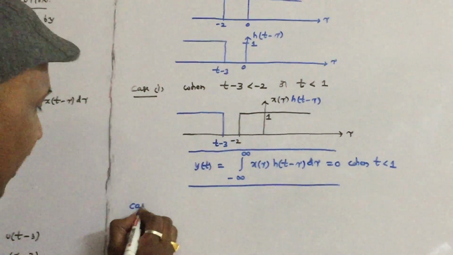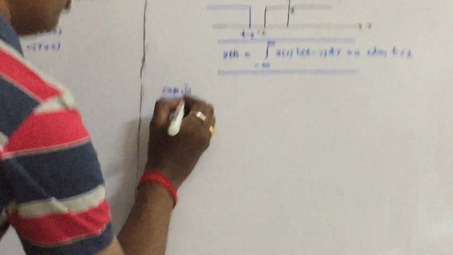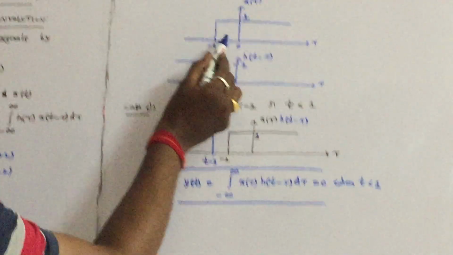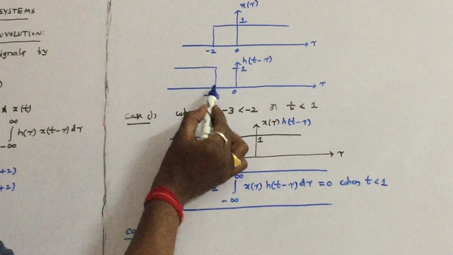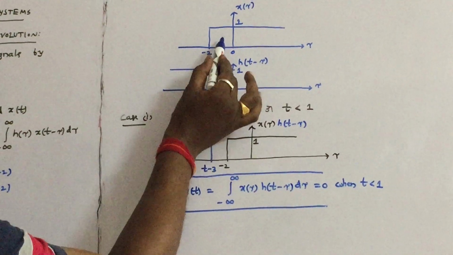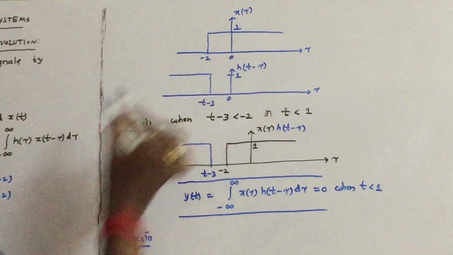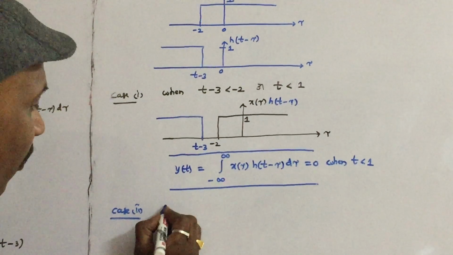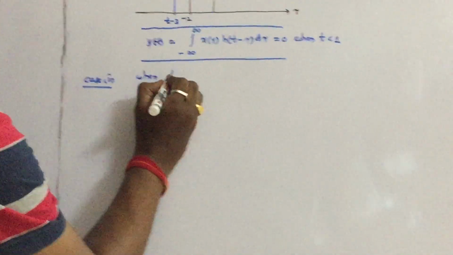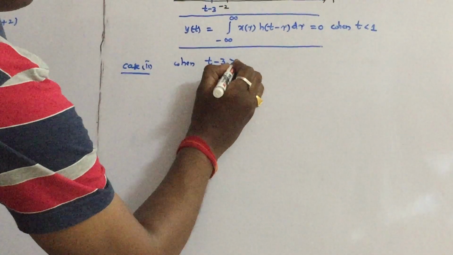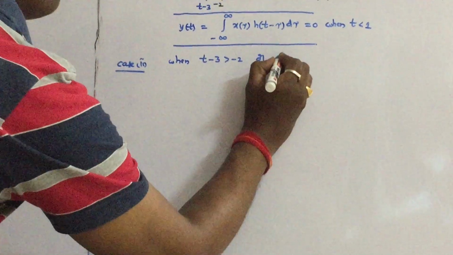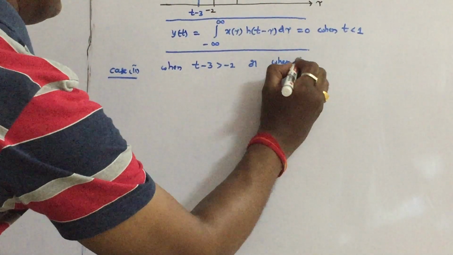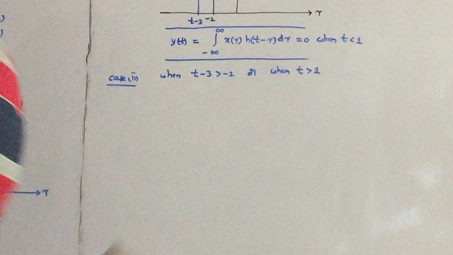Case 2. When these two waveforms start overlapping, t minus 3 is greater than minus 2, so these two graphs start overlapping. That is when t minus 3 is greater than minus 2, or when t is greater than 1.